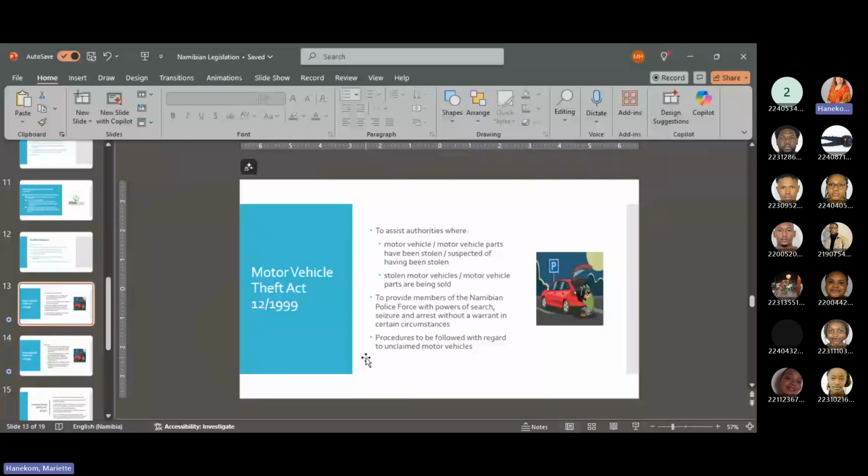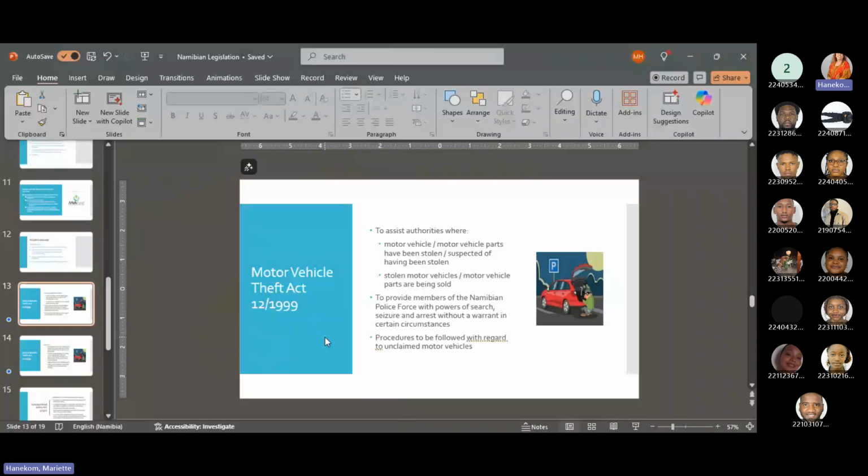Okay, moving on then. The Motor Vehicle Theft Act. Now, something you need to understand is that the crime of stealing a motor vehicle is not created in the Motor Vehicle Theft Act. The Motor Vehicle Theft Act dates back to 1999. Stealing a car was already a crime a long time before 1999.